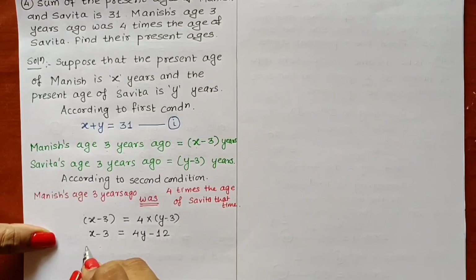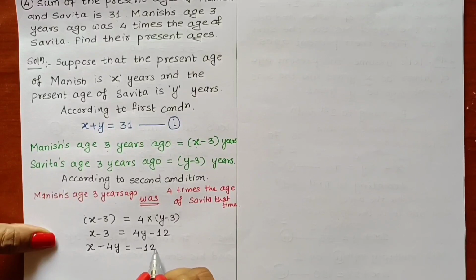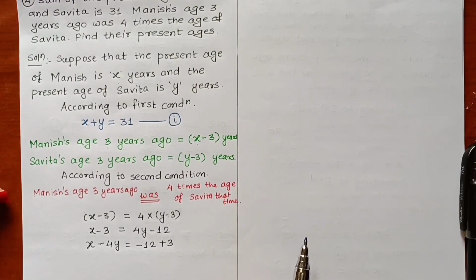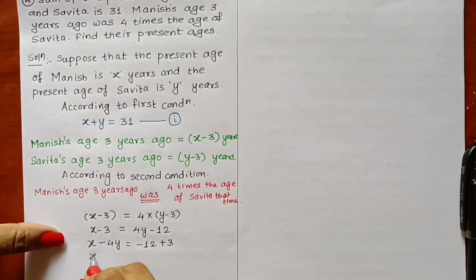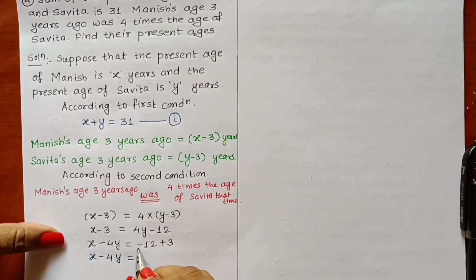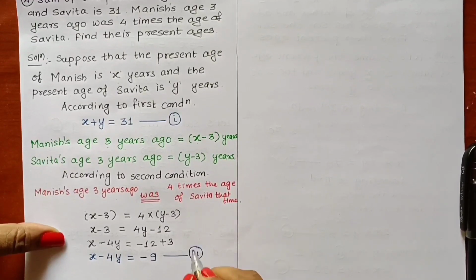So x as it is, plus 4y becomes minus 4y, minus 12 as it is, plus minus 3 becomes plus 3. So the second equation we get here is x minus 4y is equal to minus 12 plus 3, which is minus 9. This is my second equation.